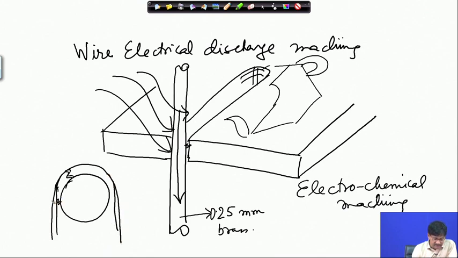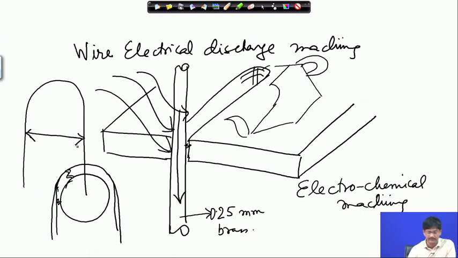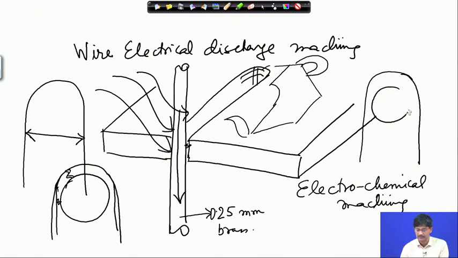Beyond a certain distance, further pulses won't occur, and you have well defined cuts of definite dimensions. In electrochemical machining, the problem is that electrochemical dissolution can take place over practically any distance, not by sparks but by electrochemical dissolution.